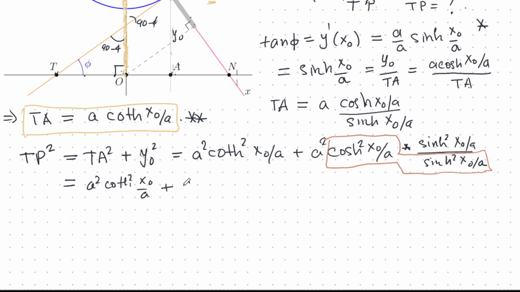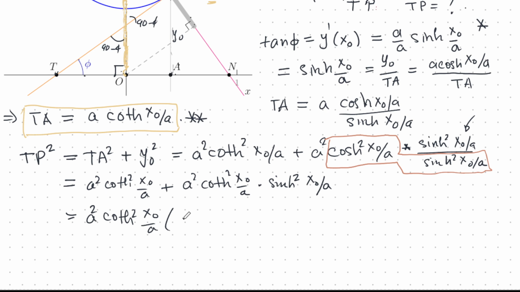So this is a squared coth squared times, and now I have this left over, sinh squared of x0 over a. Now I can factor out the coth squared and the a squared also: coth squared of x0 over a, and I have 1 plus sinh squared of x0 over a.